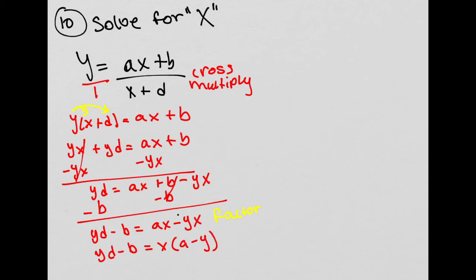And because I'm solving for x, I'm going to go ahead and divide by a minus y on both sides. That cancels. So I have x equals yd minus b over a minus y. We have to separately solve for x.